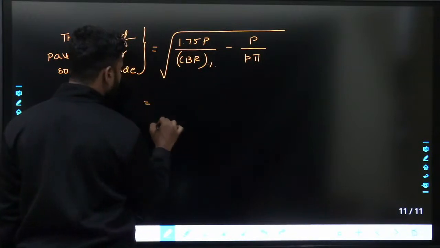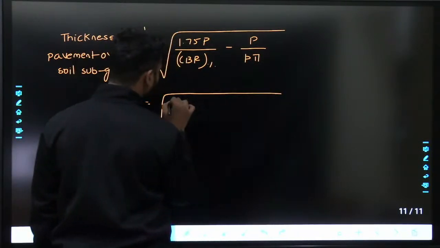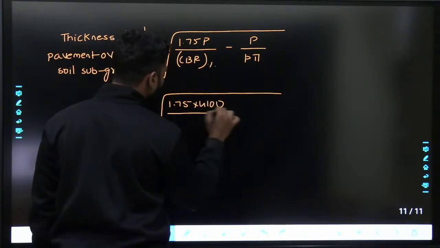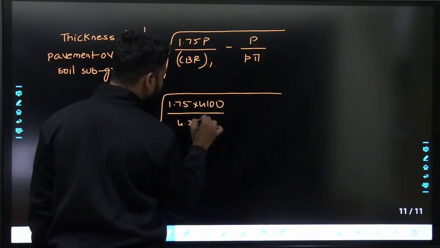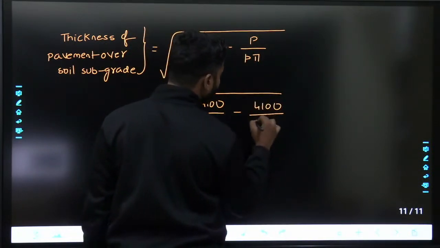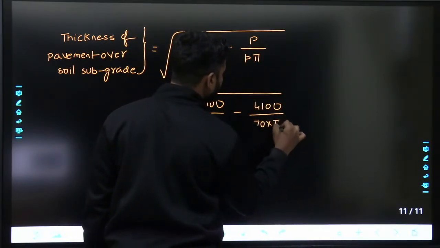So, that equals under root of 1.75 multiplied with 4100 upon CBR in percentage, which is 4.38, minus 4100 upon 70 multiplied with pi.